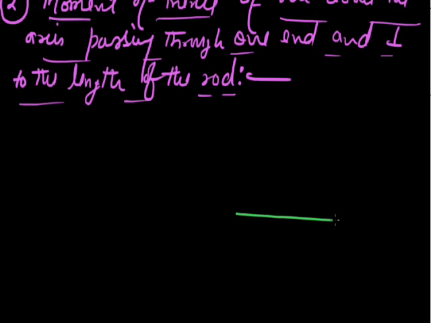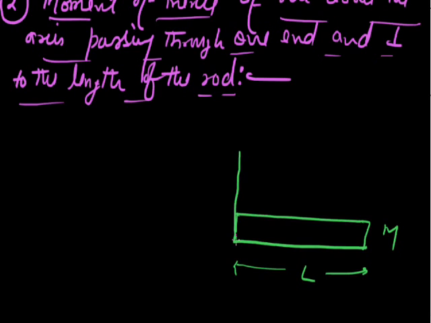This is the rod, its total length is L, mass is capital M, and the axis passing through one end is Y Y dash, and it is rotating about this axis.